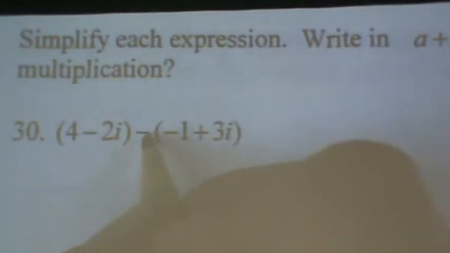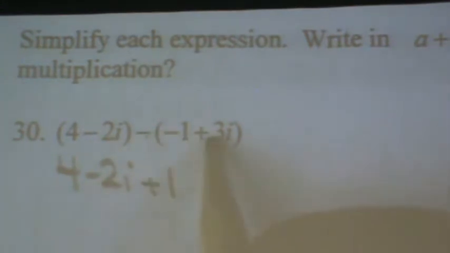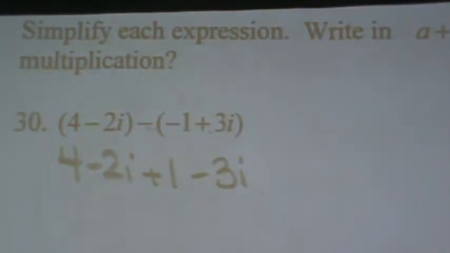This is not a multiplication problem. How do you subtract? What does this become? Positive 1. What does this become? Now, what do you add? What goes together? Which is 5, right? 4 and 1 is 5. And you're done.